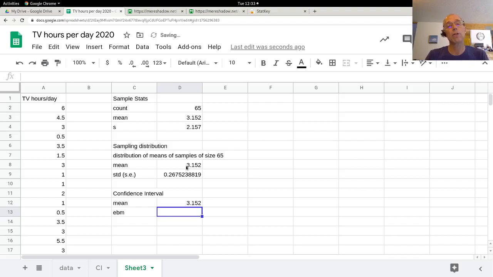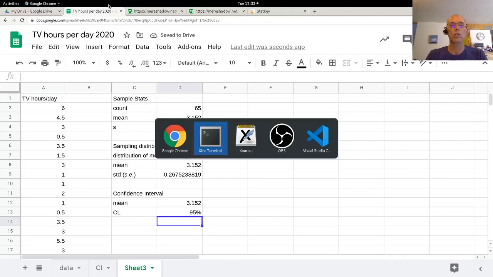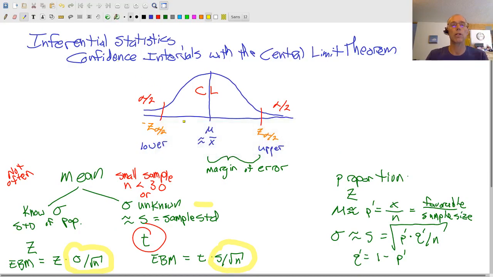The error bound on the mean, I have to calculate the z-score. So I guess I'm a little ahead of myself. I need a confidence level. So let's go with the standard 95%. Then, once I have the 95%, I need to find the right z-score. If we look back at my picture here, to find that z-score, I need to know what alpha over 2 is.